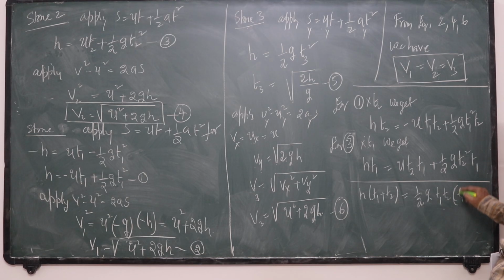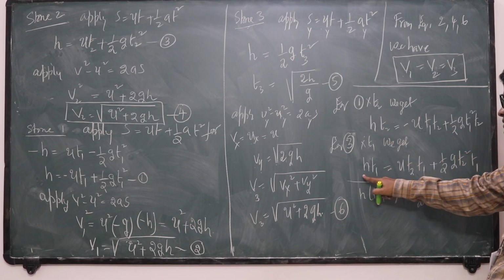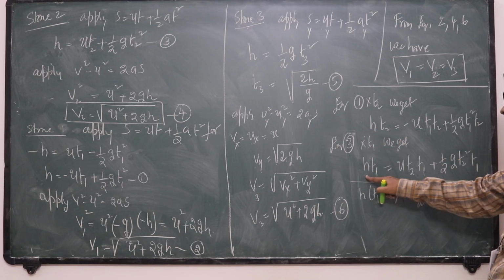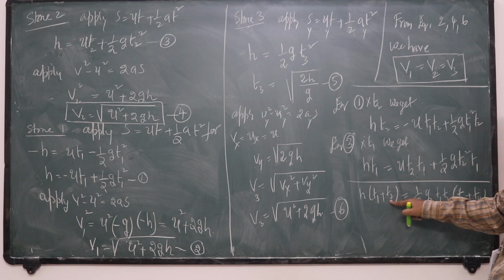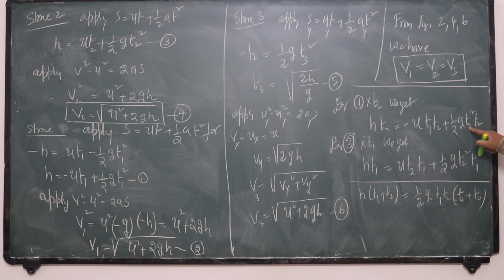Okay. So after adding these two equations, minus U T1 T2 plus U T2 T1 get cancelled. H T2 plus H T1, you take H as common, T1 plus T2. That is half G T1 square T2, half G T2 square T1.